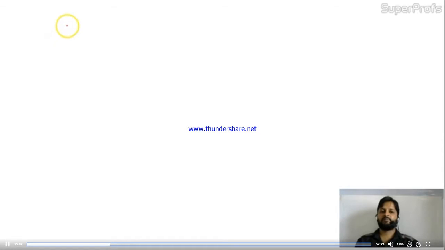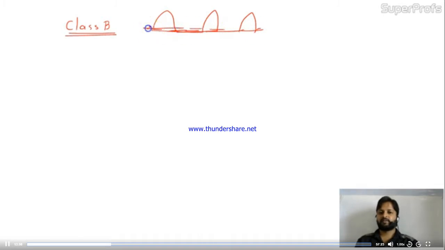So we were discussing the class B amplifier, and the output will be like this. Definitely it will be distorted, like this. You can see over here. I'll show you later.